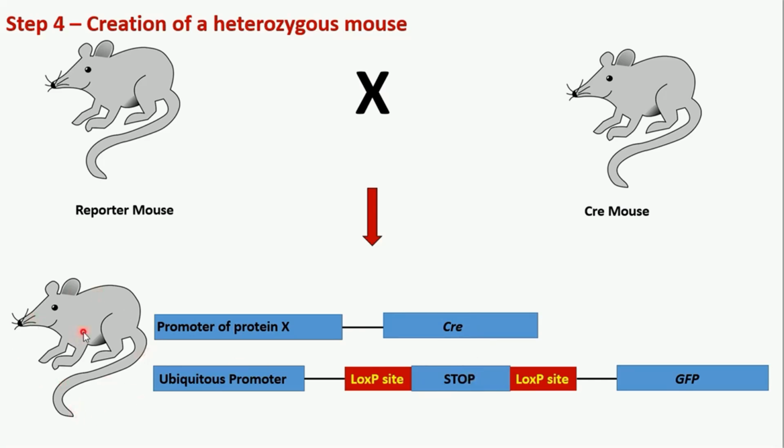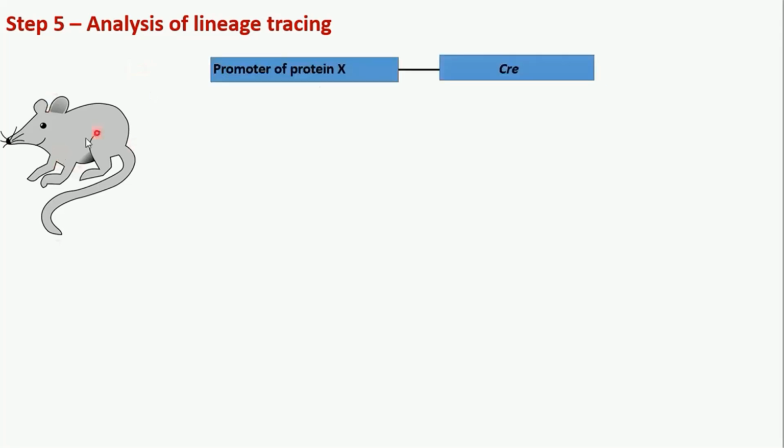Now we will see how to trace the lineage once we have the heterozygous mouse. In the heterozygous mouse, the promoter of protein X and the Cre sequence are present. So Cre will be expressed in those cells where the promoter of protein X is active, means Cre will be expressed only by the stem cell of our example.